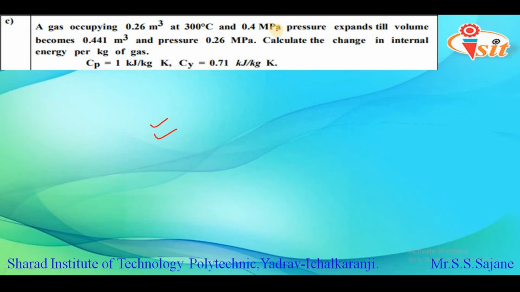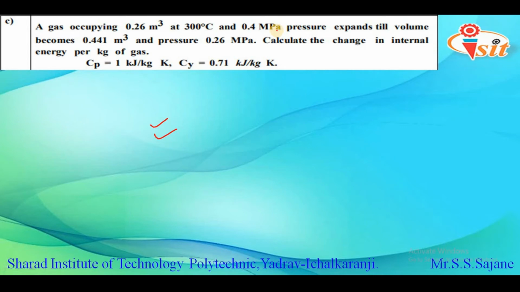So calculate the change in internal energy per kg of mass, and again they have given the values of specific heat at constant pressure and specific heat at constant volume, that is Cp is equal to 1 kilojoule per kg Kelvin, and Cv is equal to 0.71 kilojoule per kg Kelvin.